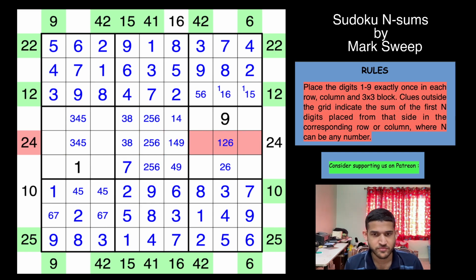That is possible. Or this 24 becomes 6 cells long, and this 24 is forced to be 4 cells long. These are the only possibilities.